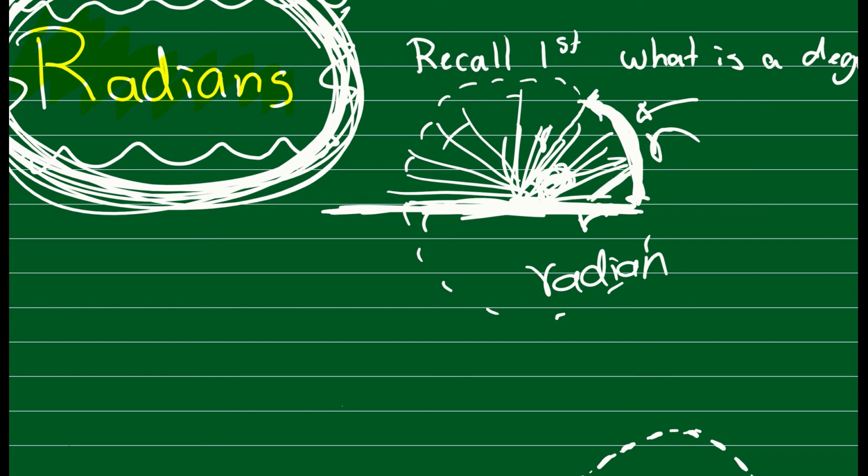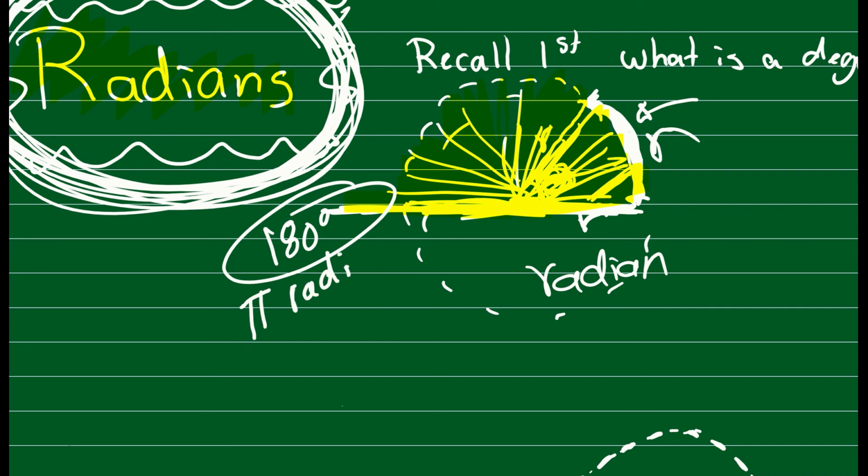Pi radians is what? 3.14. So it went in this direction. This was probably 1 radian, probably this was another radian right here, and lastly this was maybe my last radian. So a total of 3 point something radians. So that's why 180 degrees is equal to pi radians.